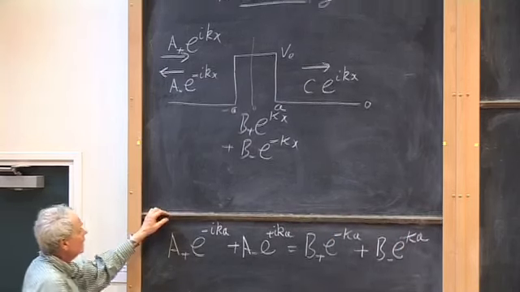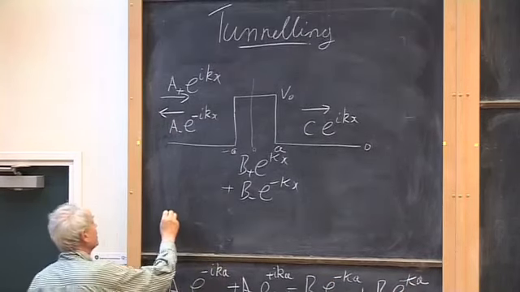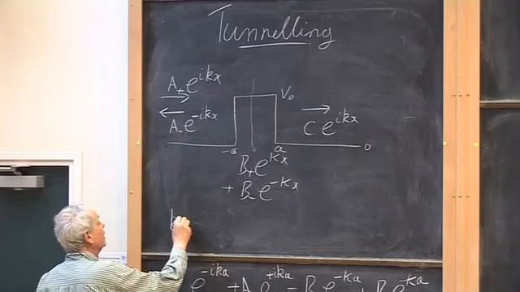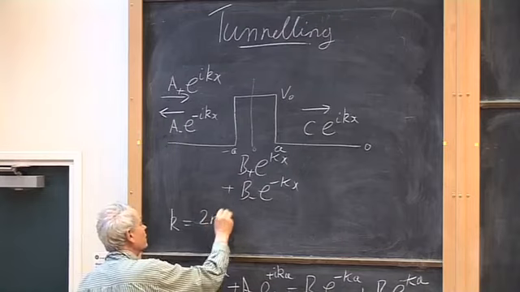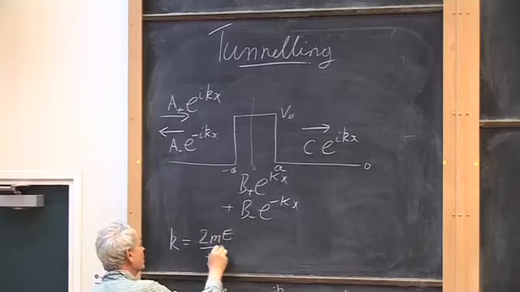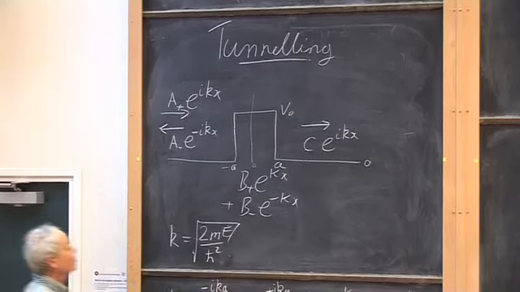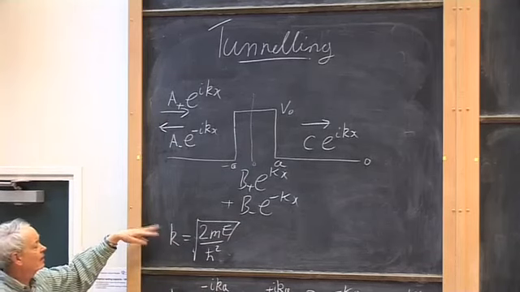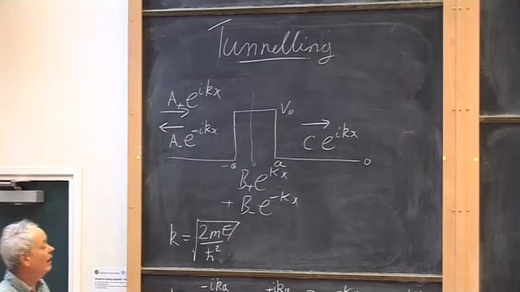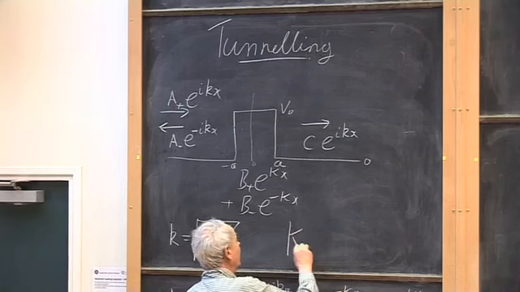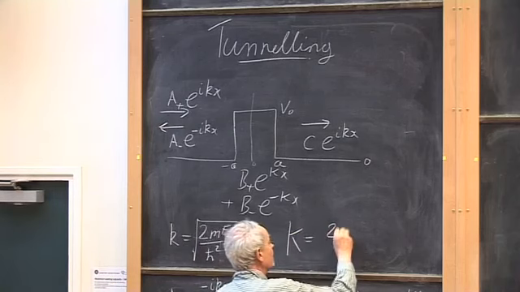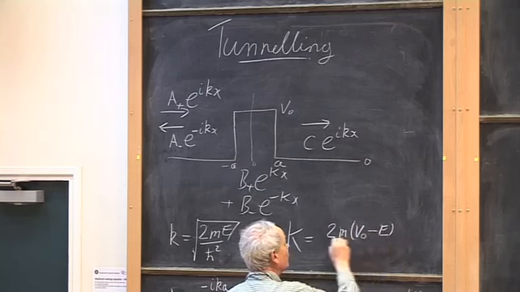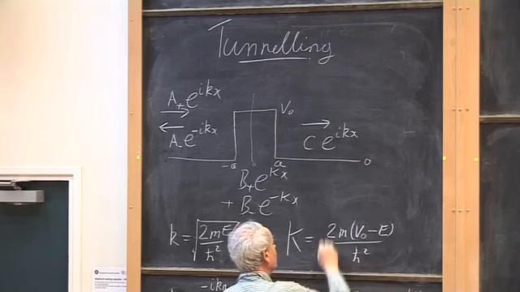I forgot to say, of course, that we'll have as ever that k is equal to the square root of 2m times the energy over h bar squared, because p squared over 2m is the energy and p is h bar k. And we will have that big K is equal to the square root of 2m (V0 minus E) over h bar squared.